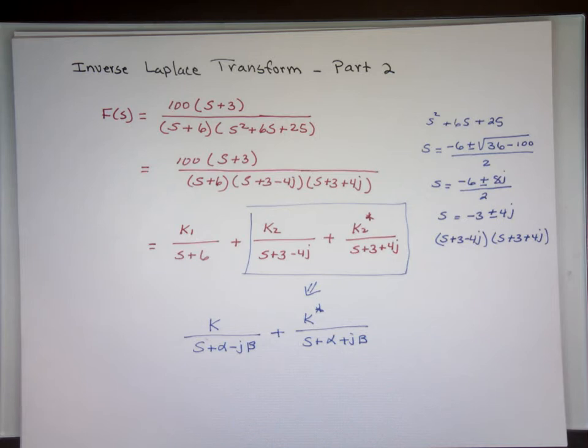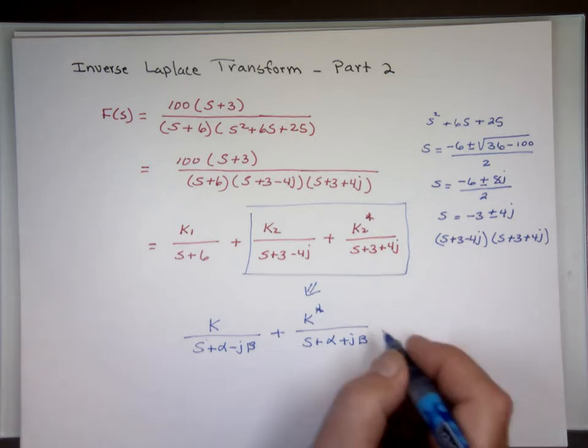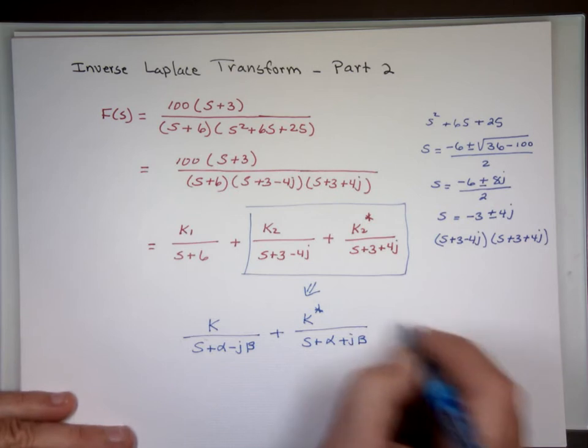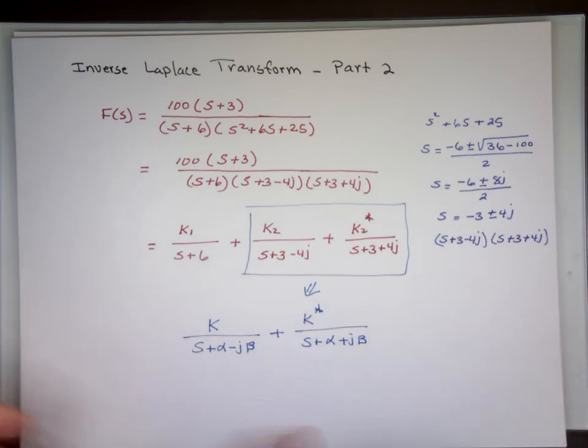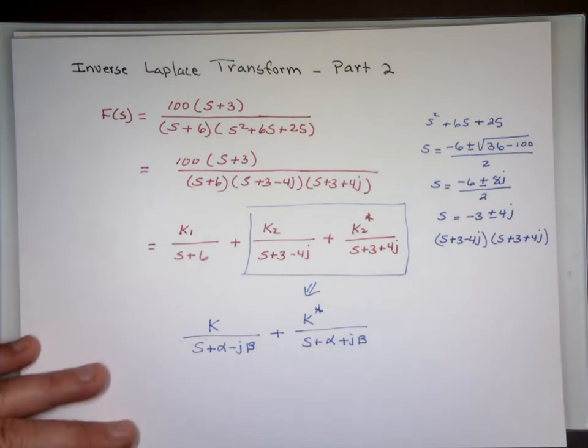And when you solve for k, you're going to find that k is some value with an angle to it, not times an angle. So it's going to be like 5 angle 30, 5 angle 40. You'll see that when we do that.